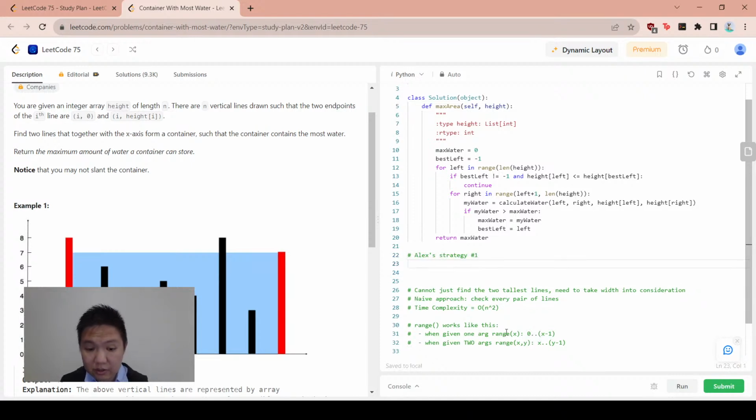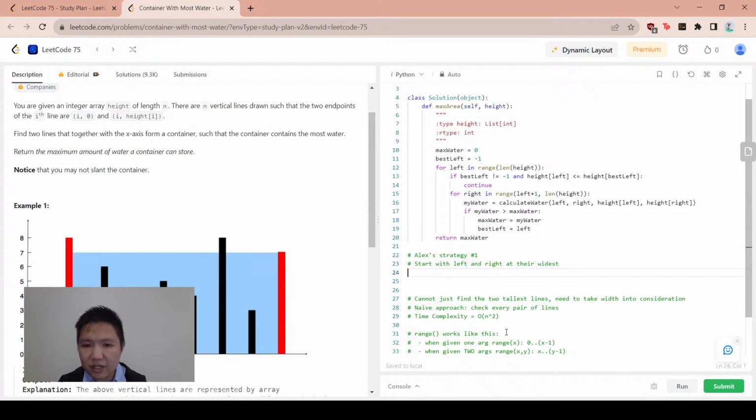No one, because there can be multiple iterations of this. I'm still not sure. So we're gonna start with left and right on their widest. Left to be 0 and then right will be the end of the array. Okay?